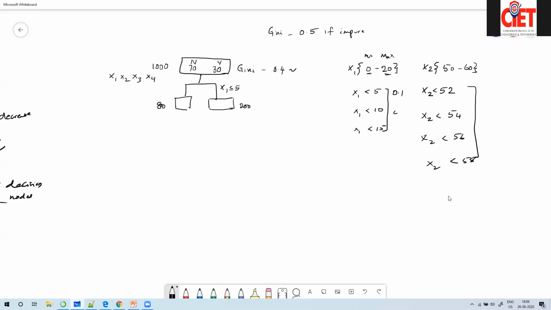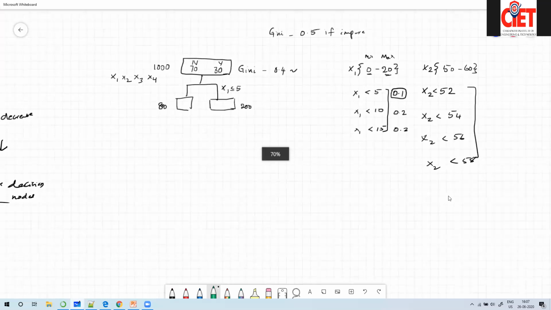This one gave a Gini of 0.2. This one gave a Gini of 0.3. Which one is best? The one that has the least value of Gini is the best one. So within x1, we choose this as our split.